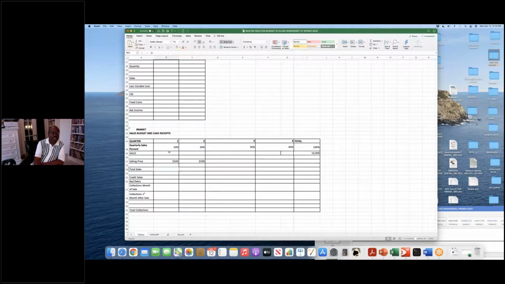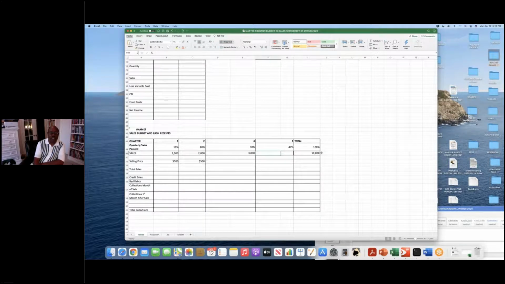So how many are you going to sell in the first quarter? What's the quantity going to be, Buford? You mean 1,000? 1,000. Then maybe 2,000? Yes. Then 3,000? I just took a guess because we don't have numbers in ours. Why did you say 1,000?